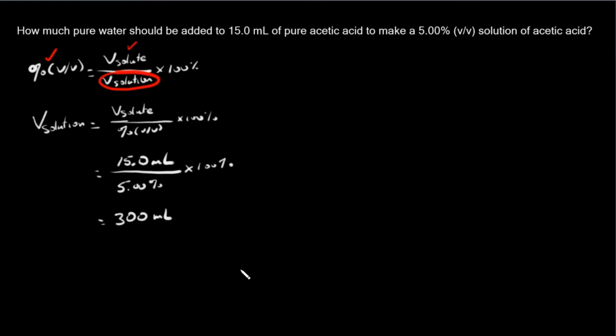This is the volume of the solution with the acetic acid added. To get the actual volume of water that we need, the volume of water is going to be the volume of the solution we just determined minus the volume of the solute that we had at the beginning.